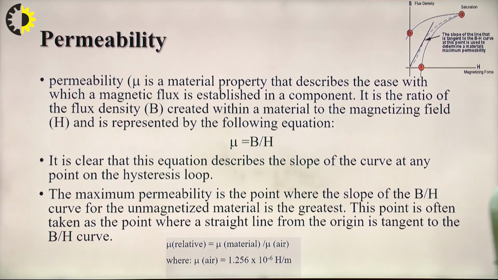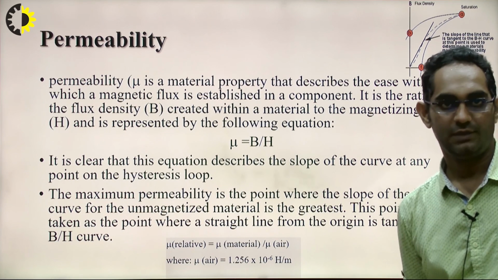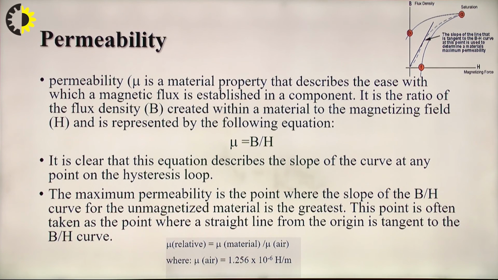The maximum permeability is the point where the slope of the B by H curve for the unmagnetized material is the greatest.